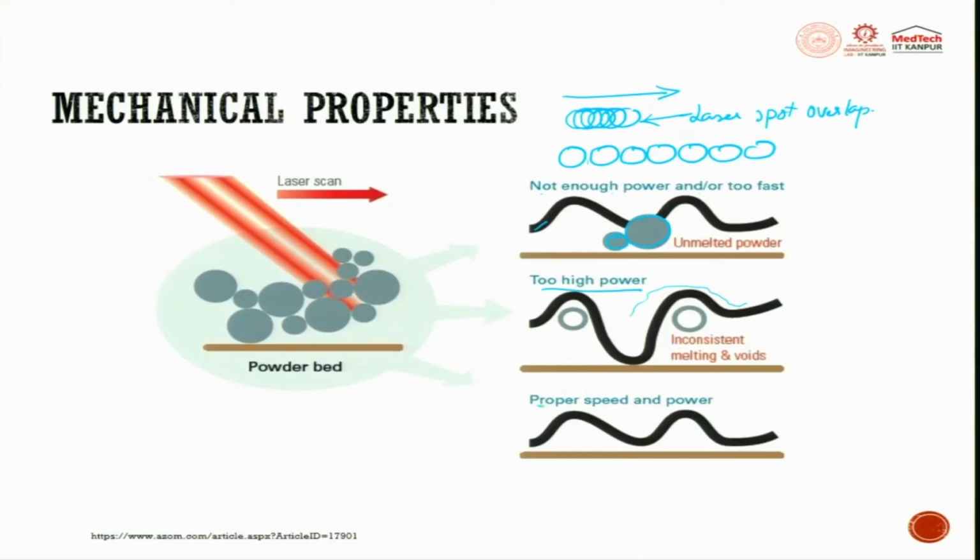When we use a proper speed and proper power, you will see not many powder particles are present. So, we will always choose a proper power and speed to get very good quality additive manufactured parts. Not enough power, not too high power, these two are to be avoided.